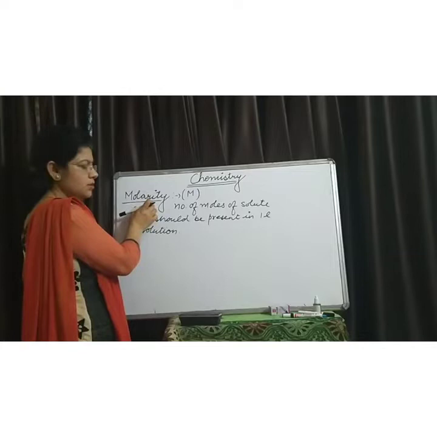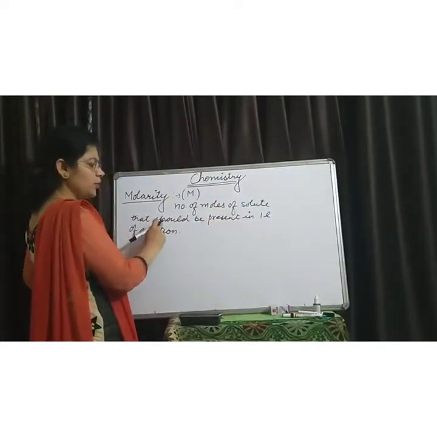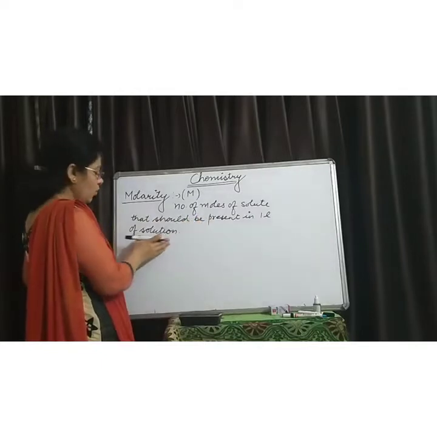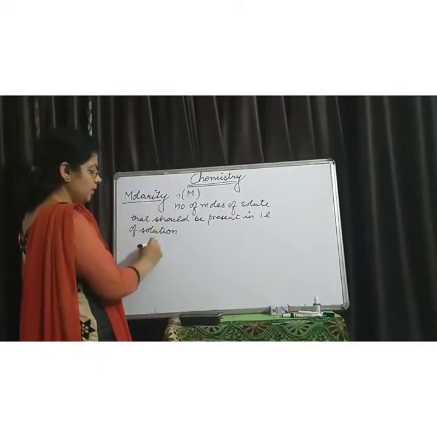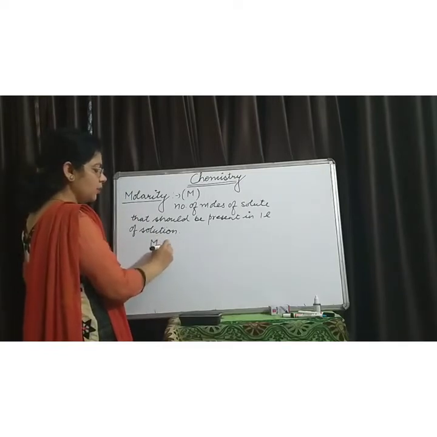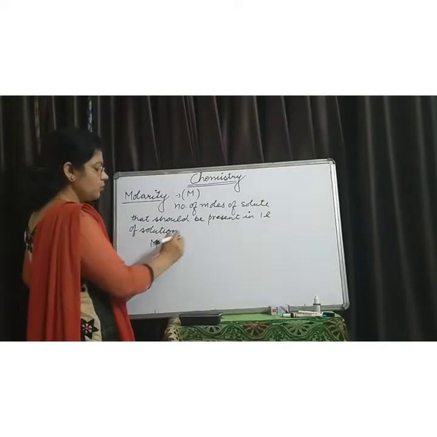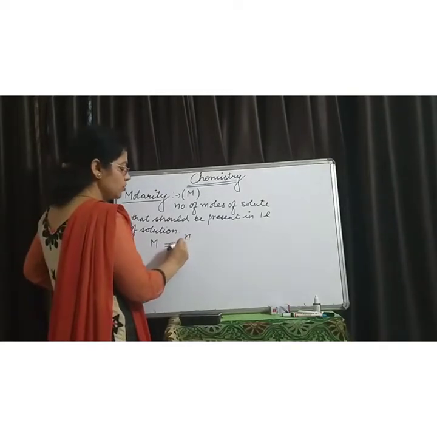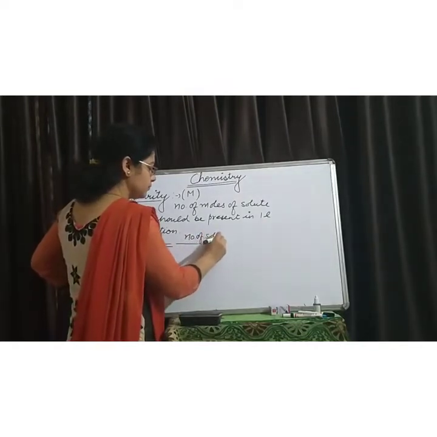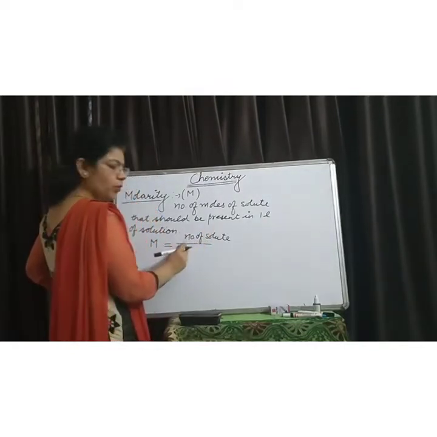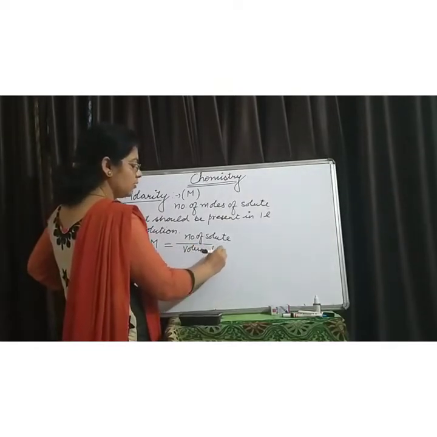Molarity means the number of moles of solute that should be present in 1 liter of solution, and mathematically it is calculated as M is equal to number of moles of the solute upon volume of the solution in liter.